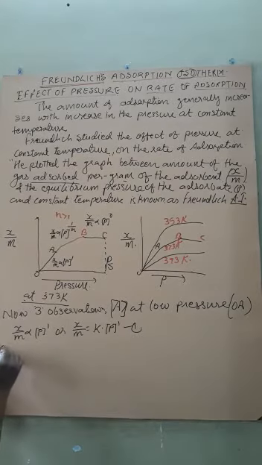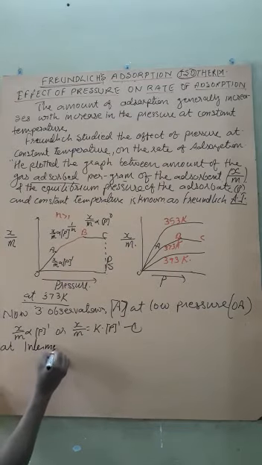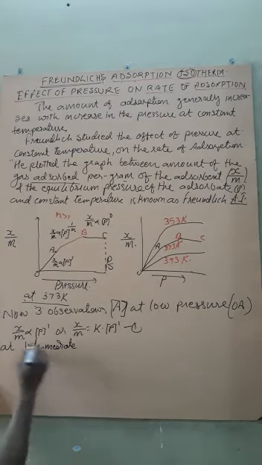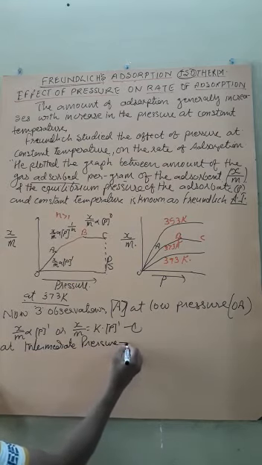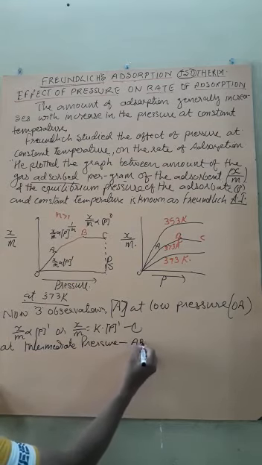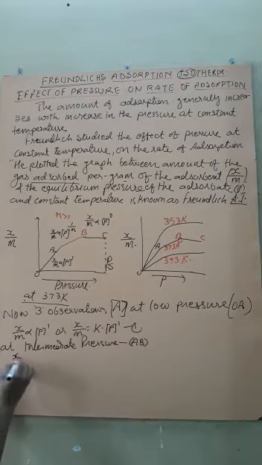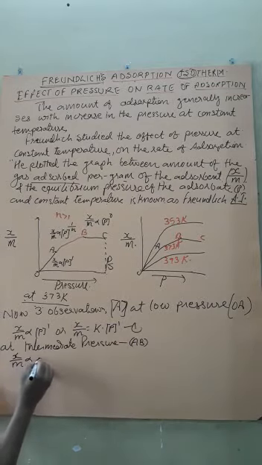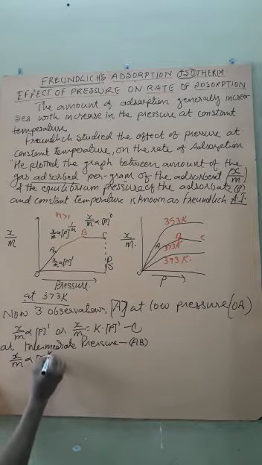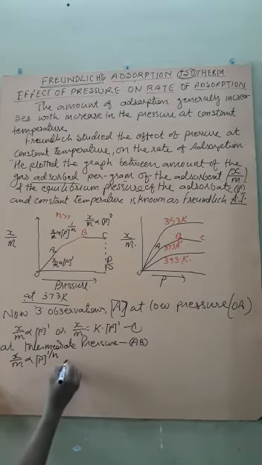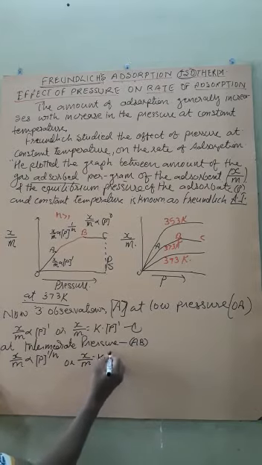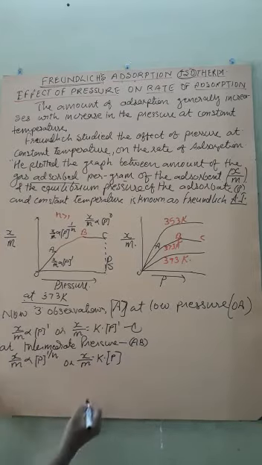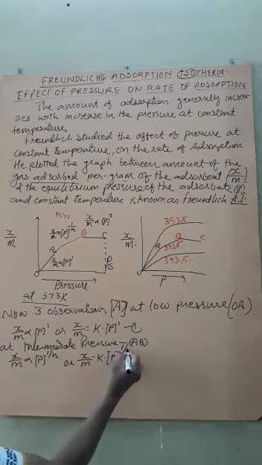At intermediate pressure, you can call it A to B, now x by m is directly proportional to P to the power 1 by n, or you can write x by m is equal to K into P to the power 1 by n.